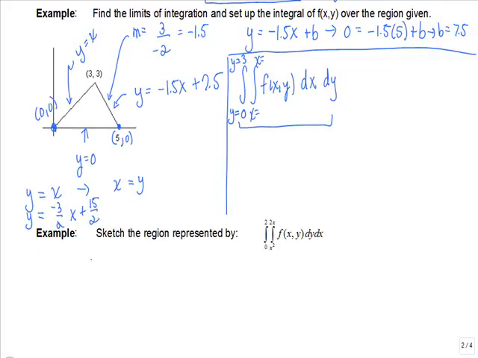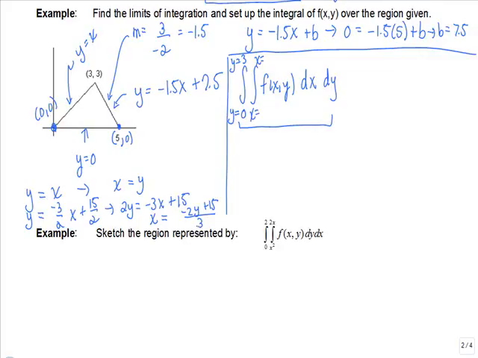So if I want to solve that for x, multiply everybody by 2. So that gives me 2y is negative 3x plus 15. And if I do a little x solving, I'm going to end up getting x equals negative 2y plus 15, all divided by 3.